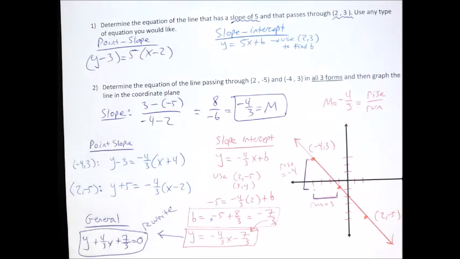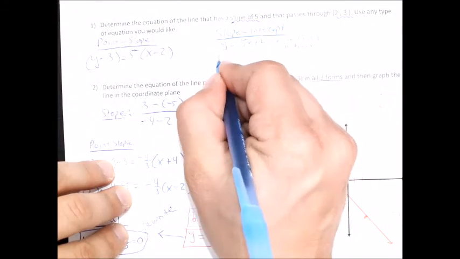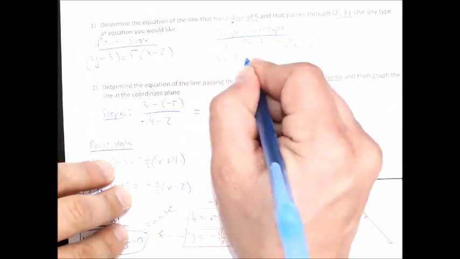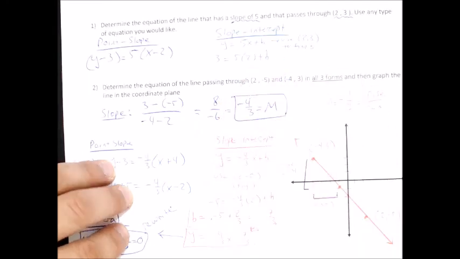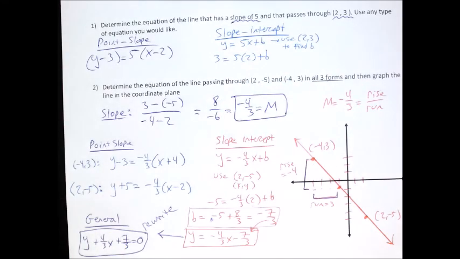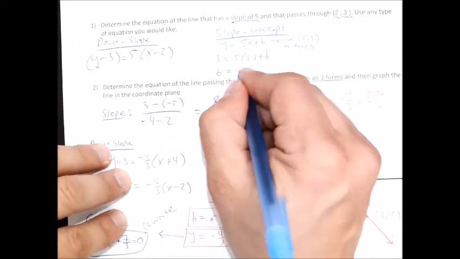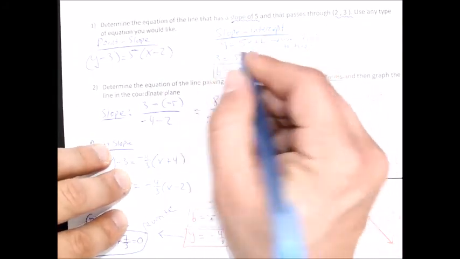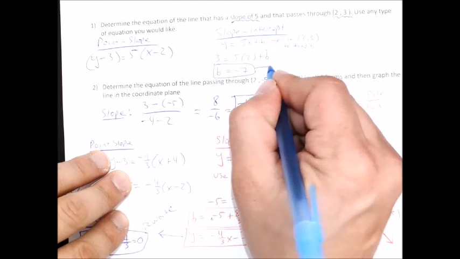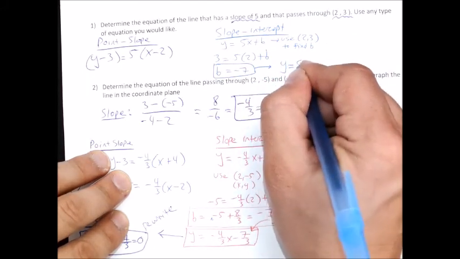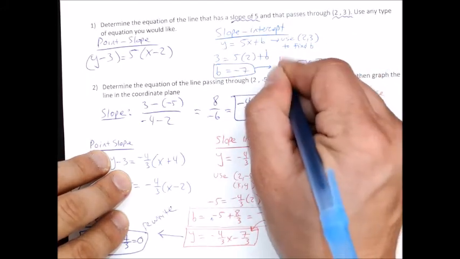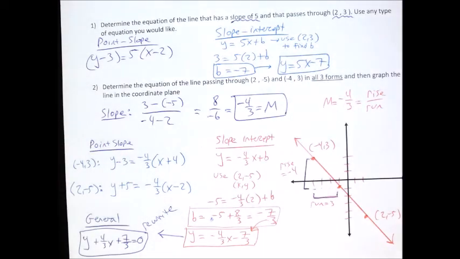And so you plug in the point 2, 3. So 3 equals 5 times 2 plus b. And then we can figure out that b equals 3 minus 10, which is negative 7. And so that means that y equals 5x minus 7 is the slope-intercept form.